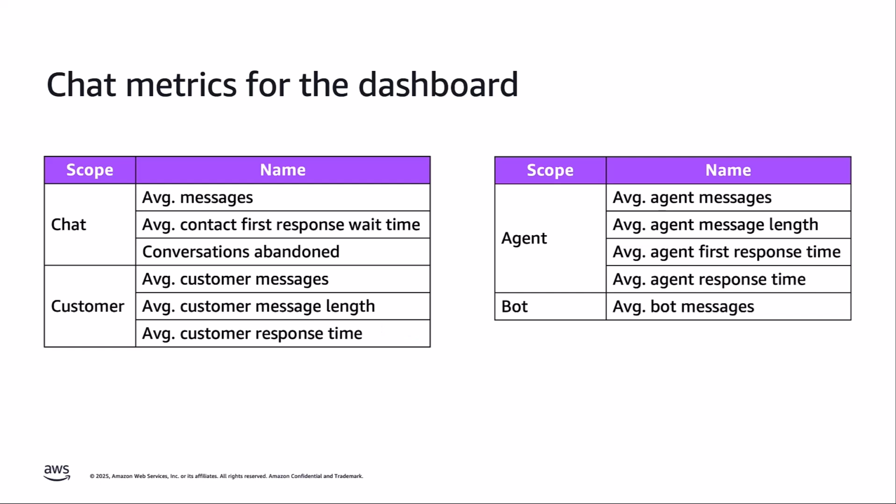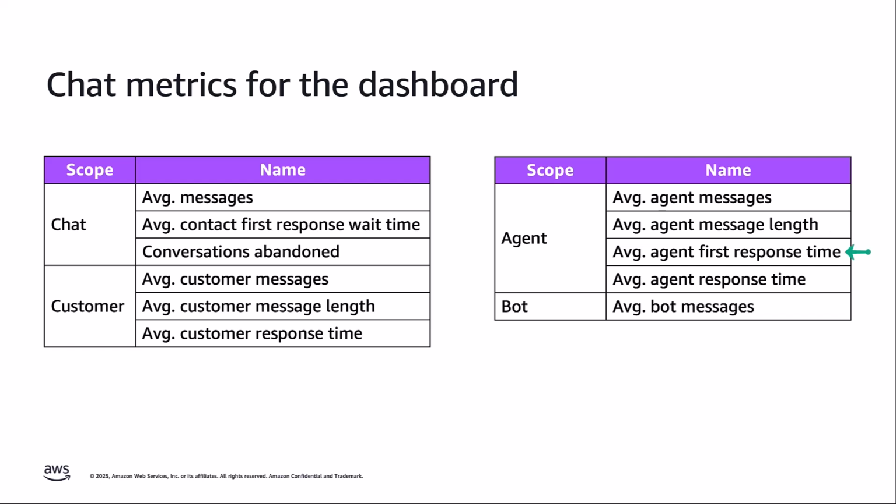Agent scope. We have agent average messages, which is the average number of messages sent by the agent across contacts. Average agent message length is the average length in characters of messages sent by the agents.